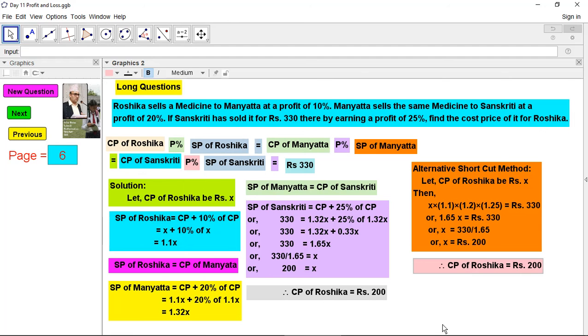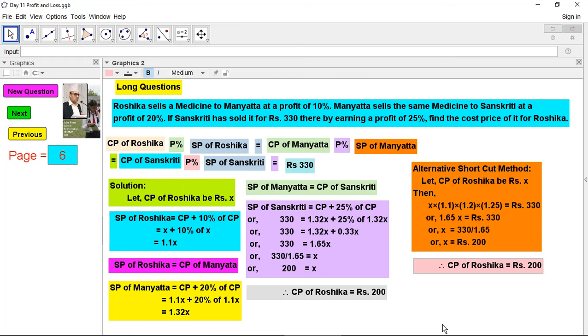Please respond on this solution part. Is it easier for you? If you understand the concept, I believe. Otherwise it will be confusing. Yes, Kaustubh, try to understand. Those who can understand the shortcut method know a little bit more. Any problem? If you have any problem, let me know.